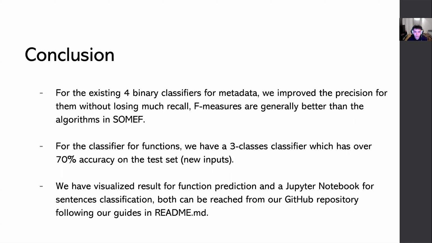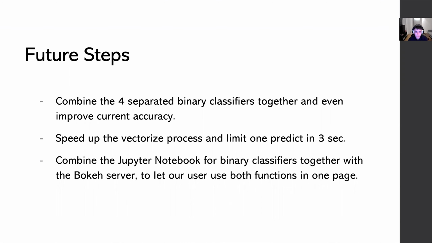And last, for the visualization result, we have two separate ways to use our project. The first is function prediction using a Bokeh server, and the other is binary classification using a Jupyter Notebook, or using Binder to build a Jupyter Notebook on the cloud. For future steps, the first thing is to combine the four separate binary classifiers.